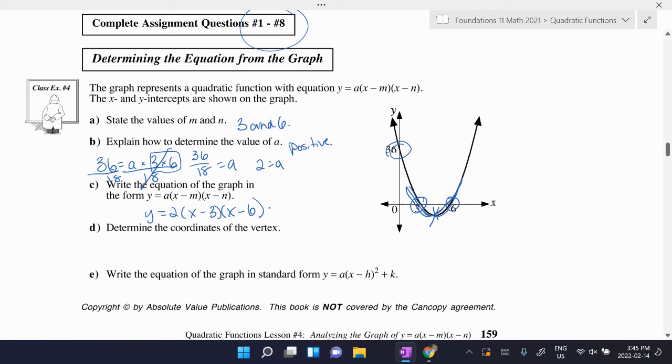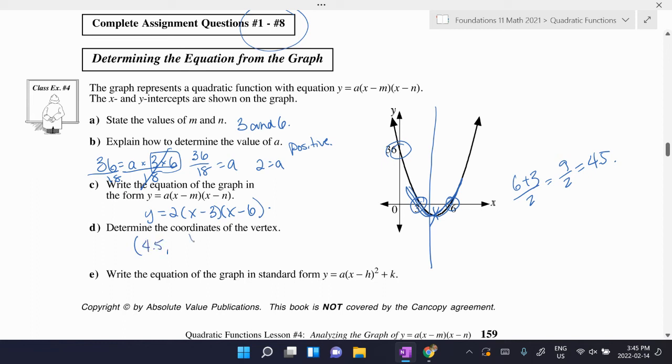Your x value is going to be right in between those two things on the axis of symmetry, right? So between 3 and 6, 6 plus 3 divided by 2 equals 9 divided by 2, which equals 4.5. So the x value of this is going to be 4.5.